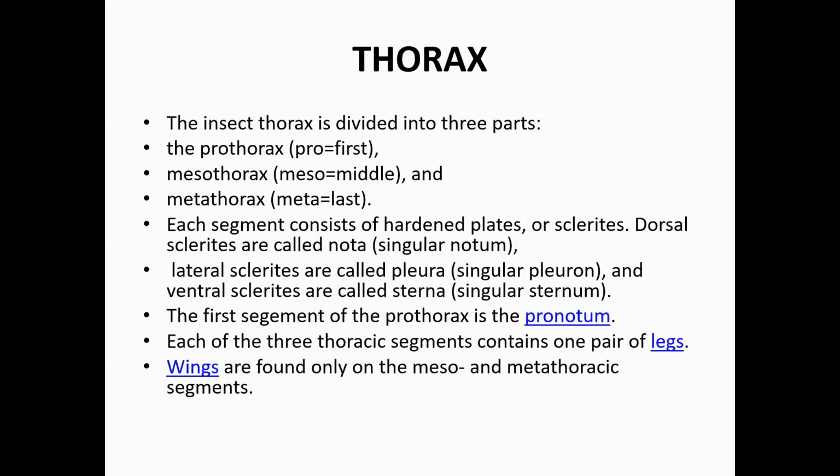And there are two pairs of wings in insects. They are found only on the meso and metathoracic segments. And these meso and metathoracic segments, put together, are known as pterothorax, which are wing-bearing thoracic segments, pterothorax.